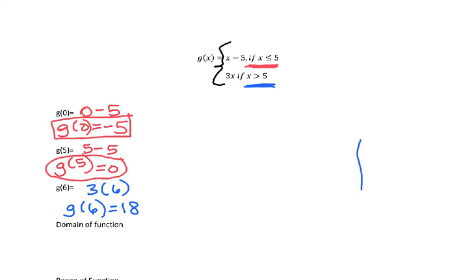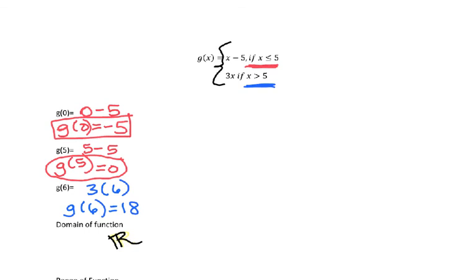Now what's the domain of this function? What are the possible inputs of this function? Well, I want you to realize that the domain of this function is the set of real numbers. It's just at a certain point the function rule changes.